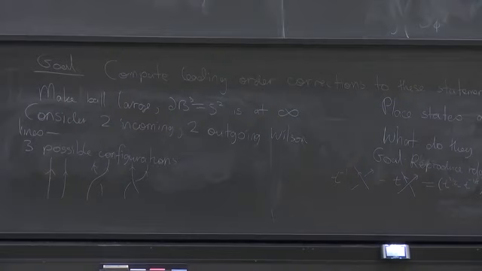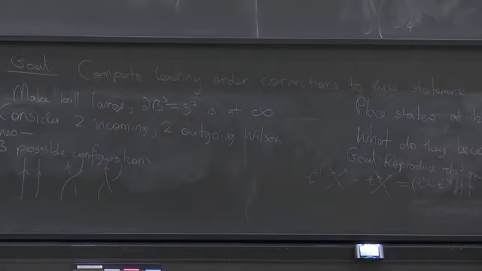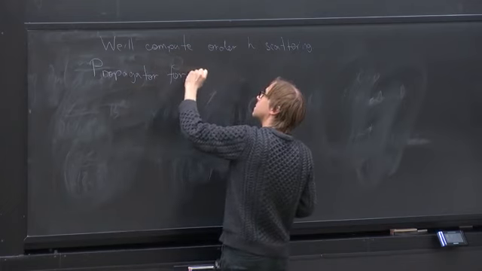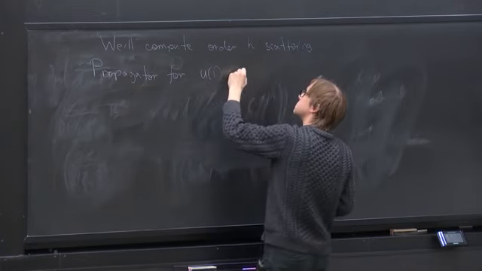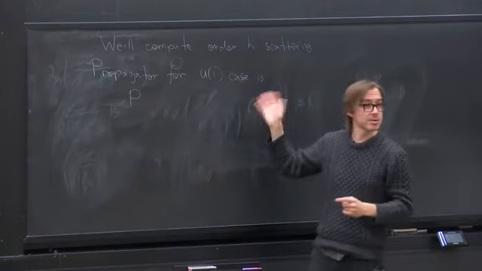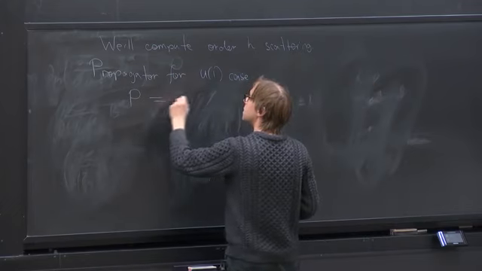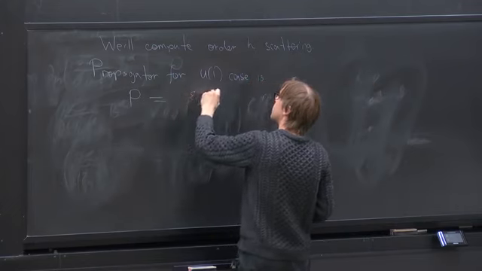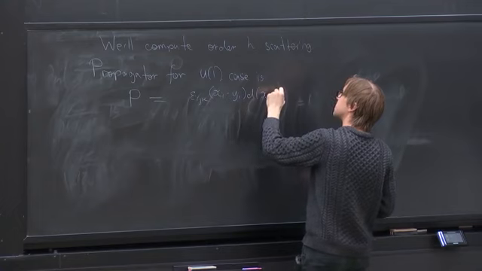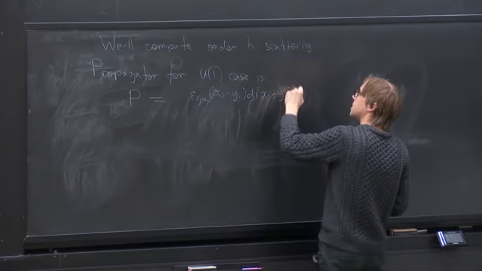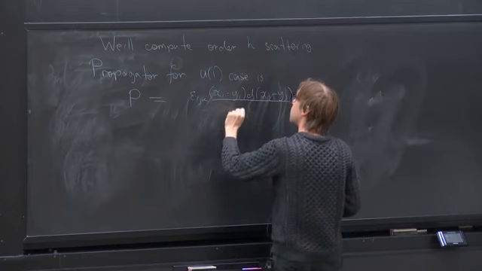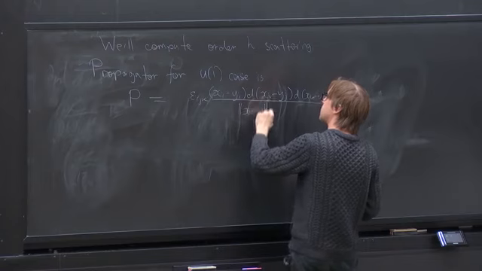So recall the propagator, say for the U(1) case, is P, this is up to some normalization, which I'm always getting wrong: epsilon_{ijk}, (x_i minus y_i), d(x_j minus y_j), d(x_k minus y_k), over |x minus y|^{3/2}.